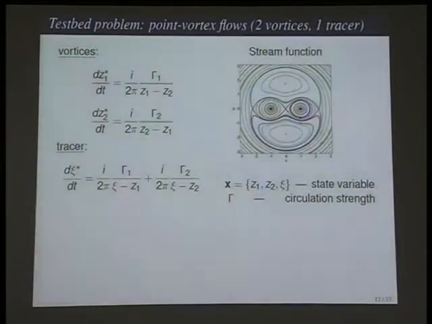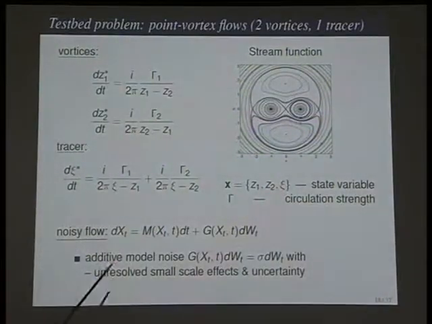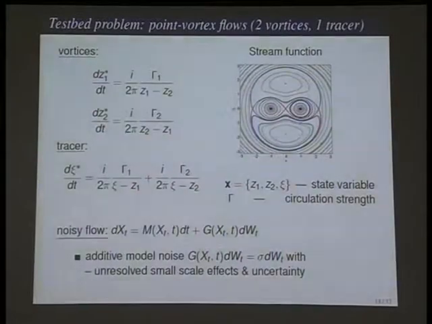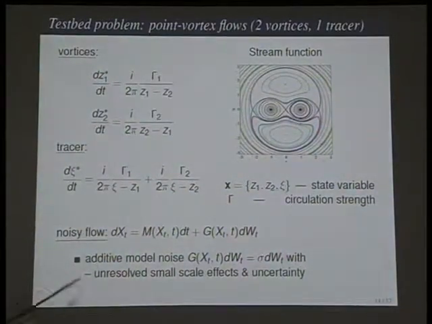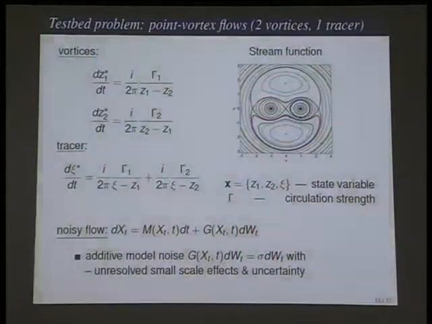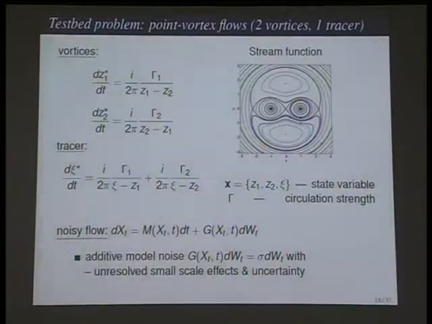So this is the model we're going to think about, and we're going to look at a stochastic version of it. So M is really incorporating all of these equations up here, and then we have some noise term. This is maybe a bit sloppy, but people think about using this to account for unresolved small scale effects.